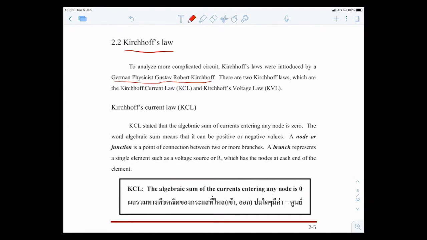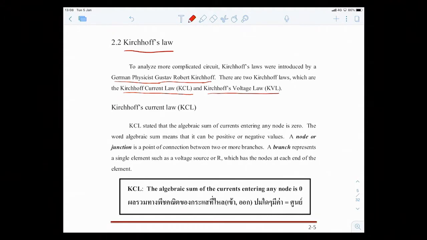There are two laws associated with Kirchhoff: the Kirchhoff current law, KCL, and Kirchhoff's voltage law, KVL. From now on, you will hear me saying KVL, KCL, apply KVL, apply KCL, which you have to associate with the Kirchhoff voltage law, KVL, and KCL for Kirchhoff's current law.